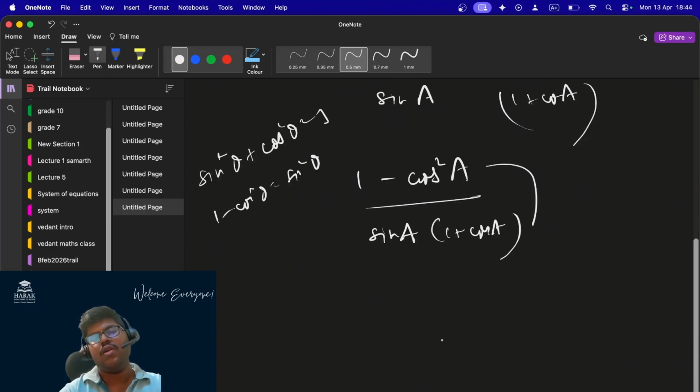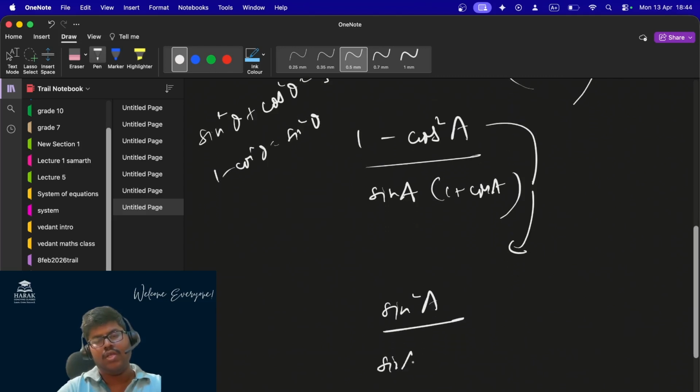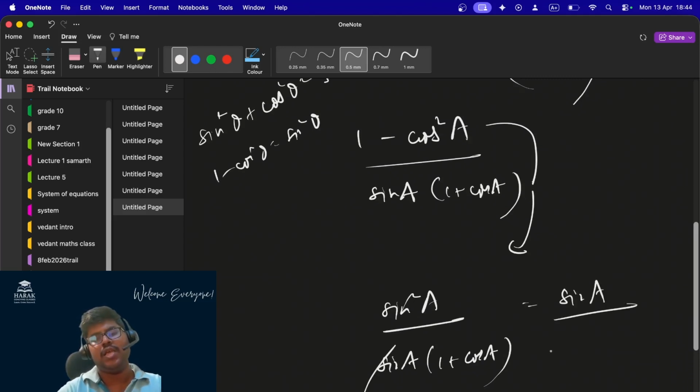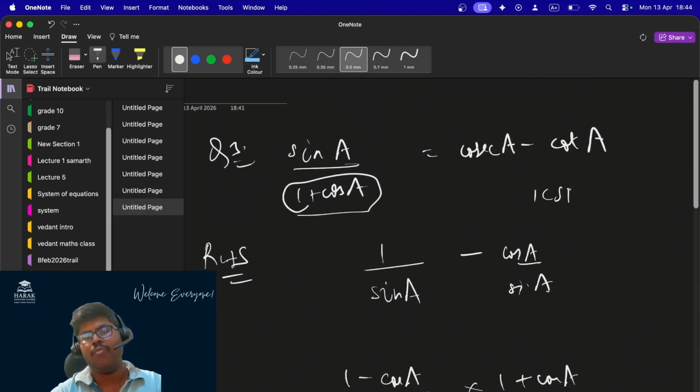So this can be converted to sin square A over sin A times 1 plus cos A. Then this sin A cancels with this, so we have the answer sin A over 1 plus cos A, right? So this is how we have done question number 3, and this question is from ICSE 2008.